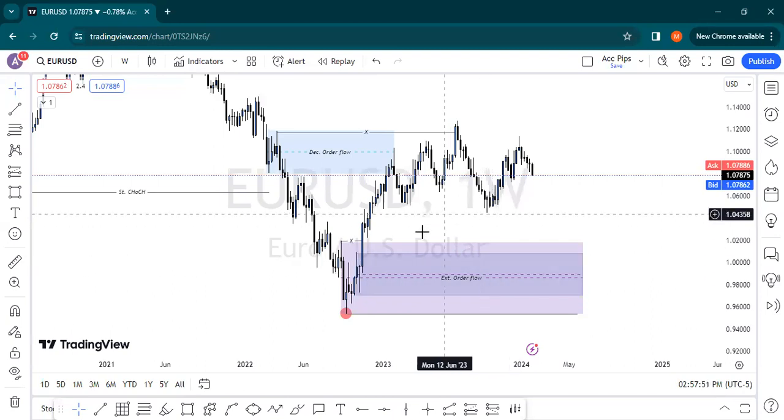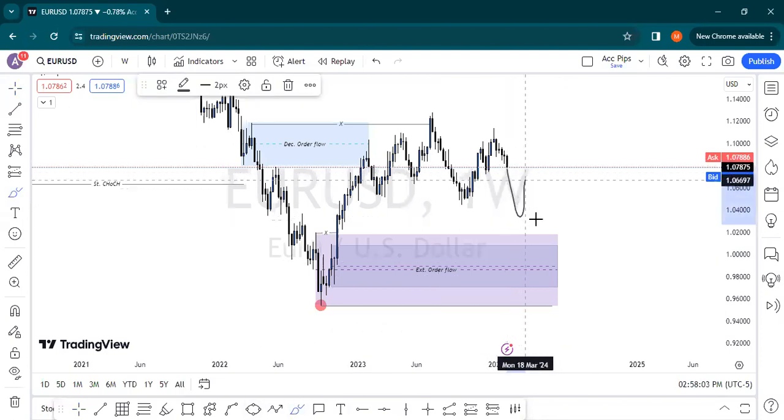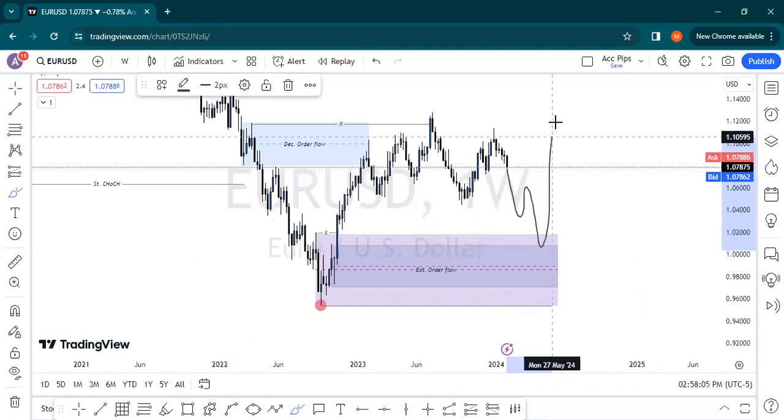All right. Now, when we see this overall, weekly is bearish. So I'll be expecting price to at least sell into this area, and it should be like this.